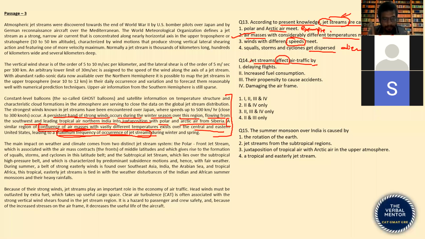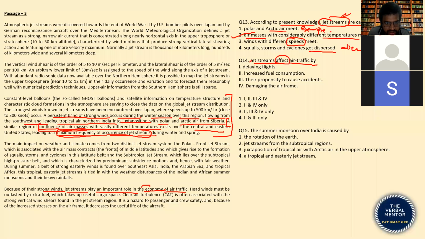How does jet stream affect air traffic? Let's see. I just have to locate the answer. Okay. Here it is, last para. Yes. Because of their strong winds, jet streams play an important role in the economy of air traffic.